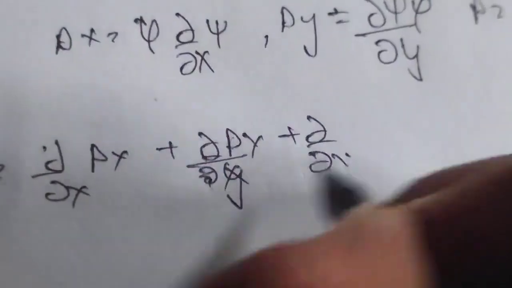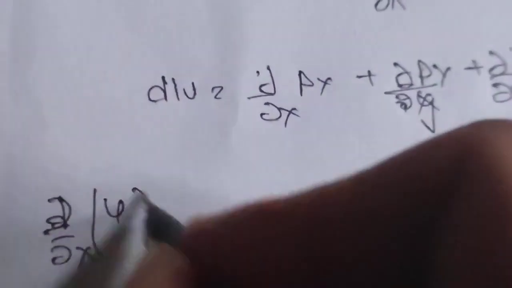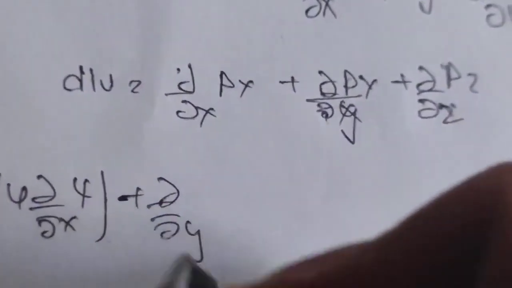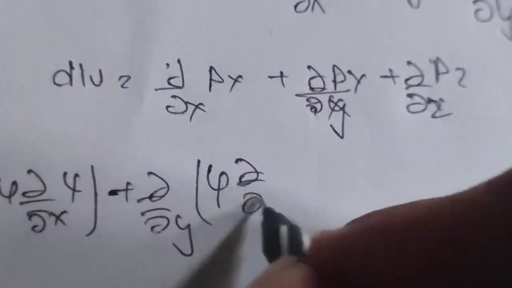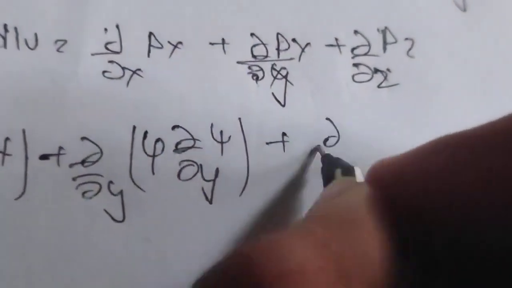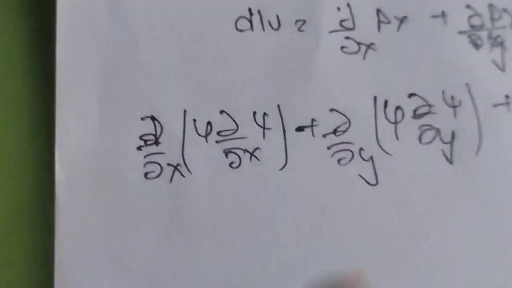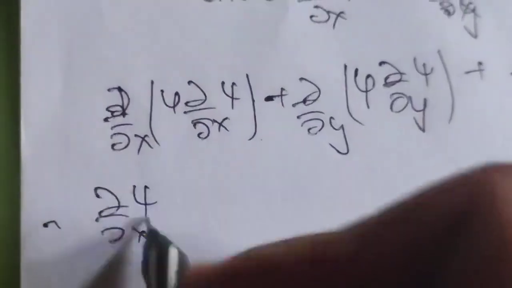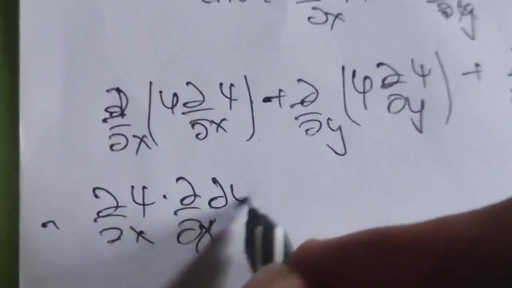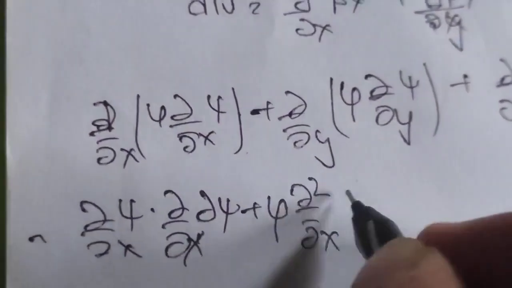So if we put in the values, we get del upon del x of phi del psi upon del x, plus del upon del y of phi del psi upon del y, plus del upon del z of phi del psi upon del z. Now by the chain rule it becomes del phi upon del x into del psi upon del x plus phi del squared psi upon del x squared.